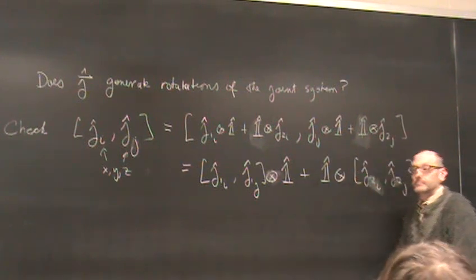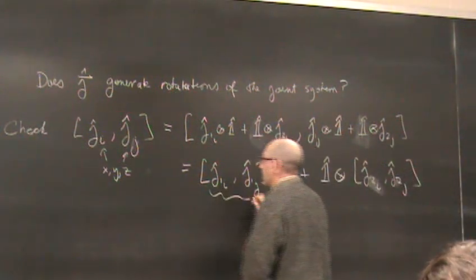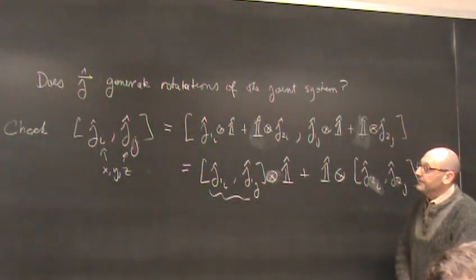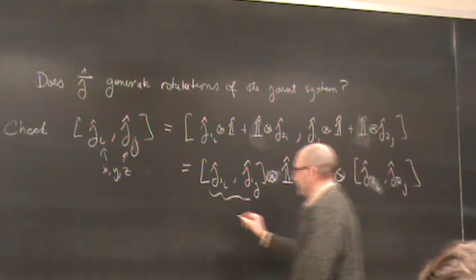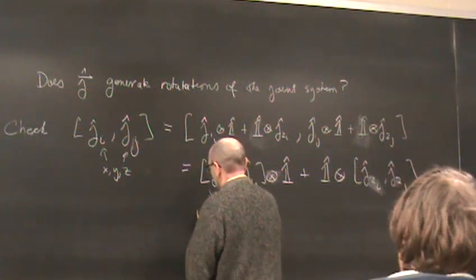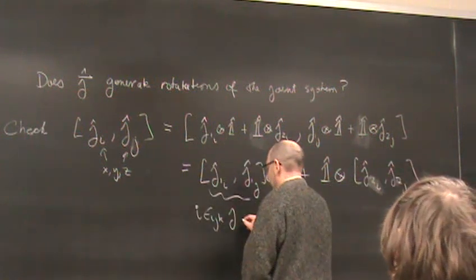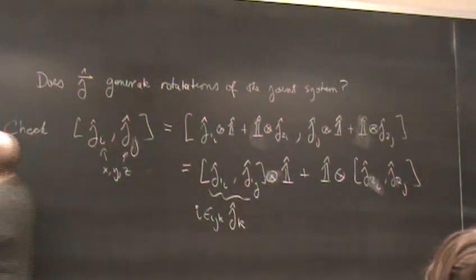Okay? And this is what? Epsilon I, J, K, J1 sub K, with an imaginary I out front. Remember, these J's have had the h bars removed.